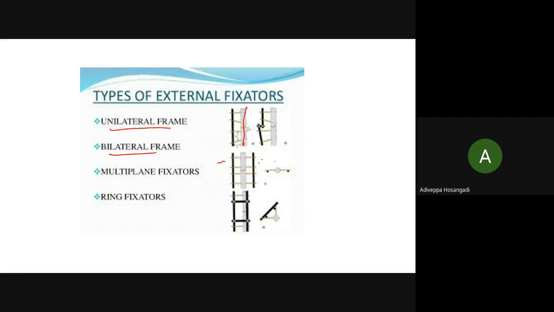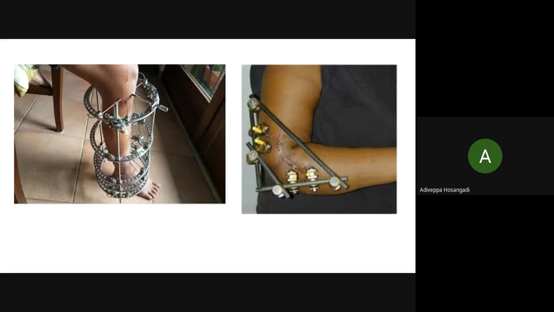Multi-plane fixator: look at this, it is in only one plane. Here, this is the coronal plane, this is the sagittal plane, so it is a multiplanar fixator. These are all different types of fixators.